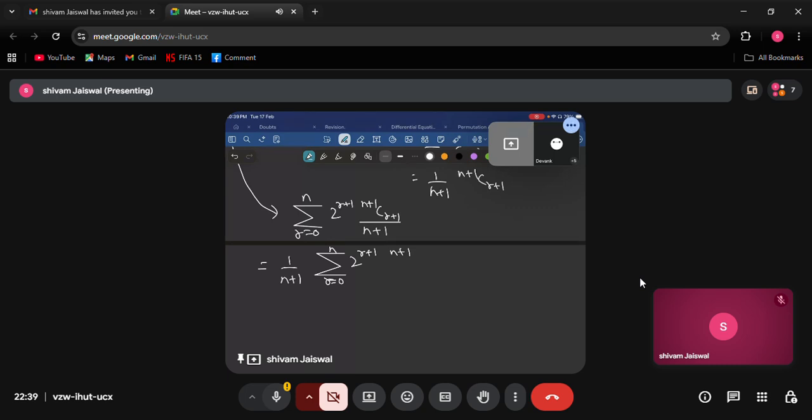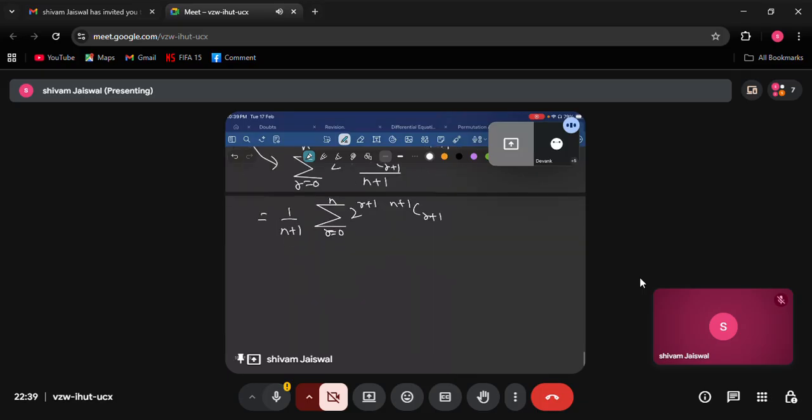Okay. Now let us start expanding. For r equal to 0, it will be n plus 1 C1 into 2, plus n plus 1 C2 2 squared, plus n plus 1 C3 2 cubed, plus dot dot dot.